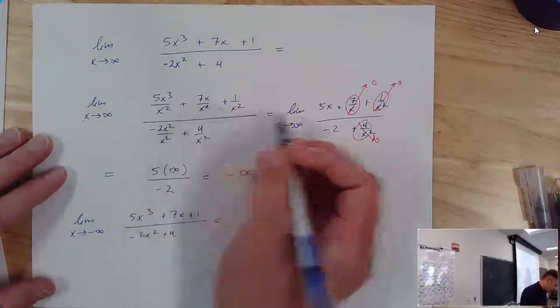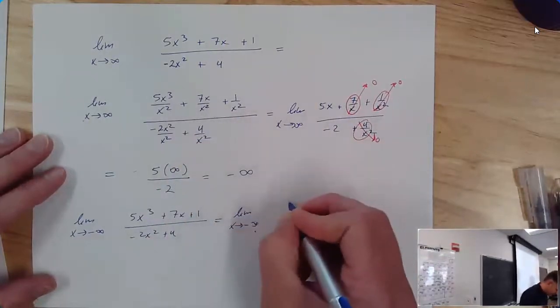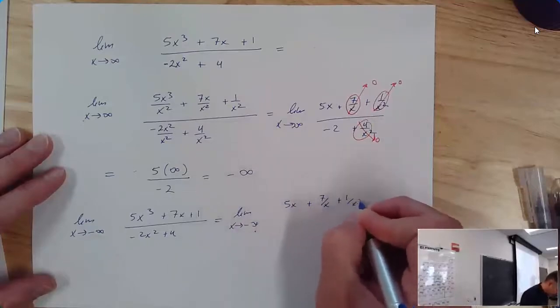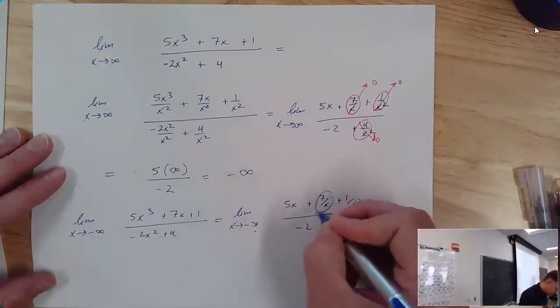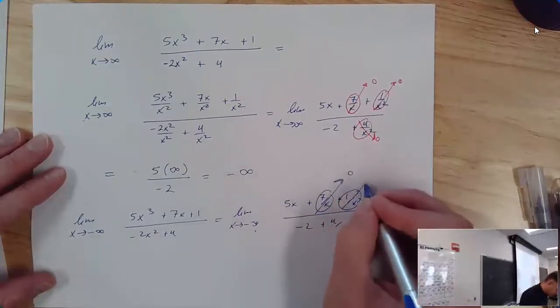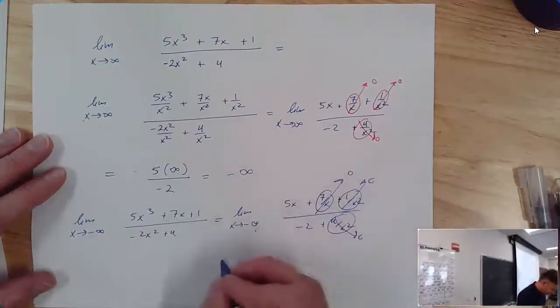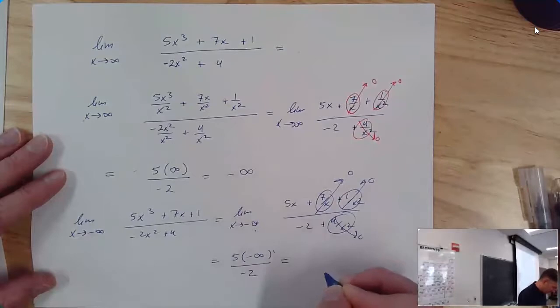I'm going to skip this step and go straight to the limit as x goes to minus infinity of 5x plus 7 over x plus 1 over x squared over negative 2 plus 4 over x squared. These things still go to 0. And then if x is going to minus infinity, I'm going to get 5 times negative infinity divided by negative 2, which is going to end up being positive infinity.